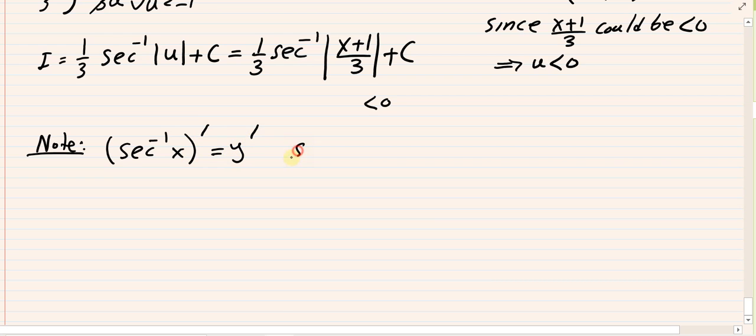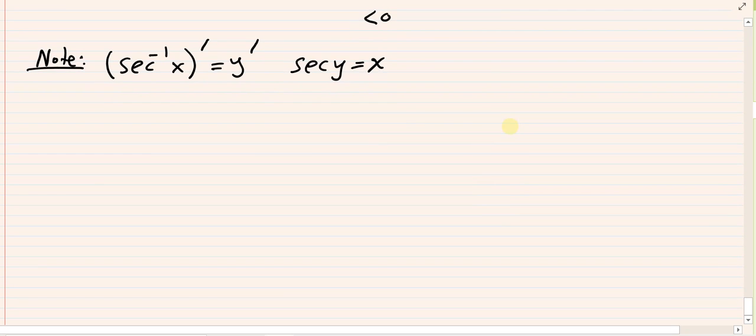Now by definition of inverse, secant y must be x, right? And if I take the derivative here, doing implicit differentiation, the derivative of secant y is secant y tan y times y prime equals 1, because we're doing implicit differentiation, right?